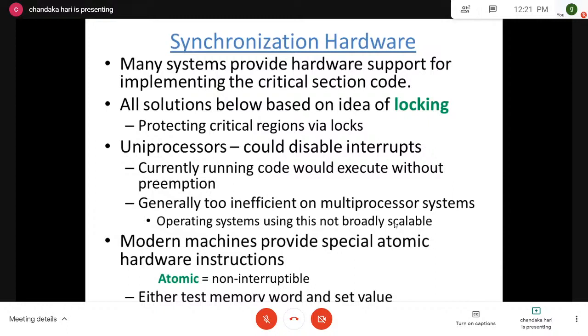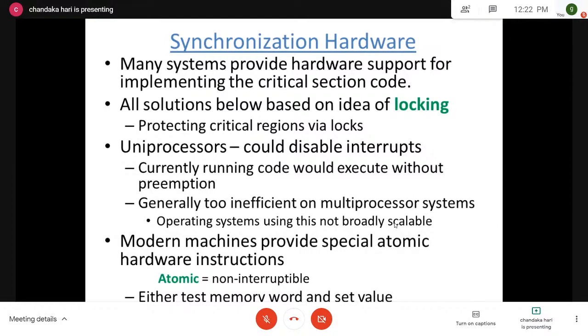Now, today the modern machines provide special atomic hardware instructions for protecting common variables which are shared by more than one process at the same time.